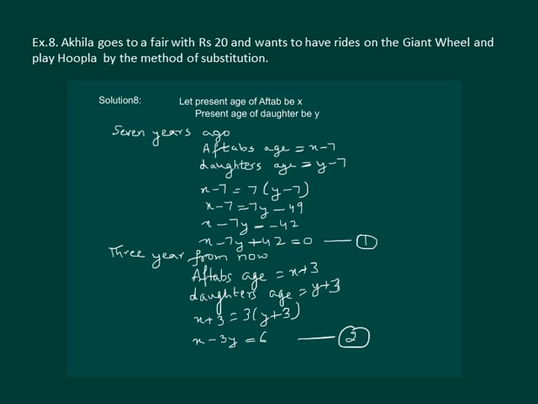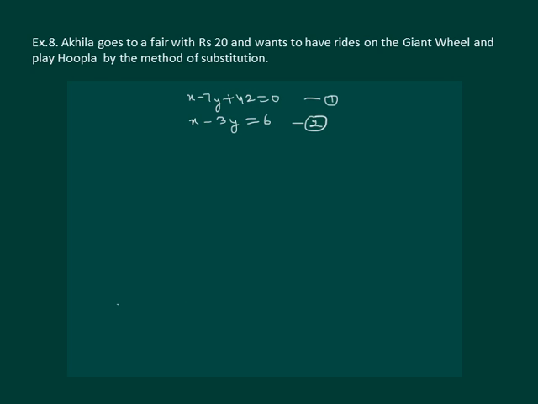Now we shall use substitution method to solve equation 1 and 2. Let us solve the two equations by substitution method. From equation 2, we have x equal to 6 plus 3y. Substitute in equation 1.